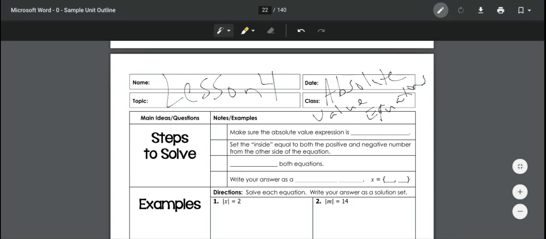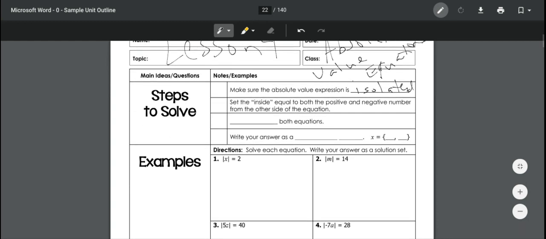Okay, we are going to start with absolute value equations for lesson 4. First thing is, you have to make sure the absolute value expression is isolated. We'll talk about that when we go to solve them.